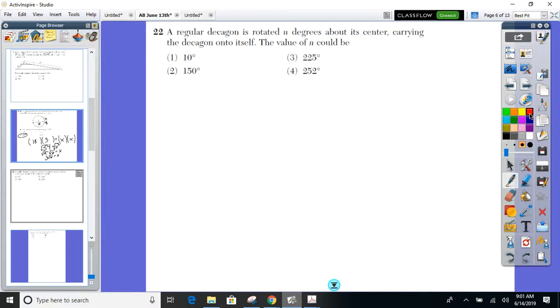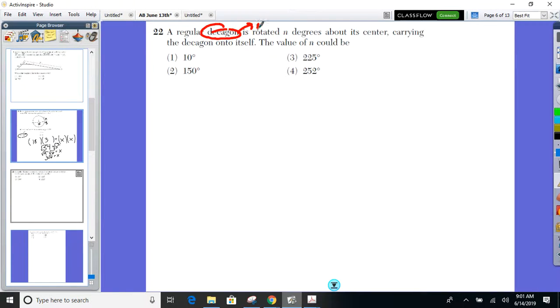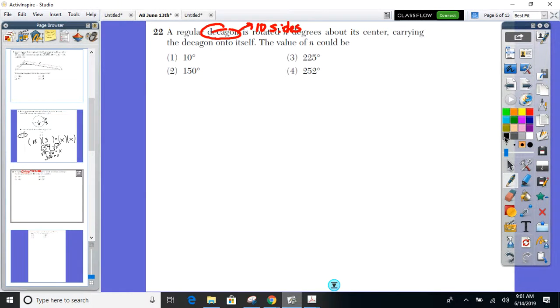I wasn't a big fan of this question just because of that, because you have to know it's 10 sides. That's on you. We've taught it. We've gone up to 12, I believe. All right. 11. I don't think you need to know that. I think it's an unagon.